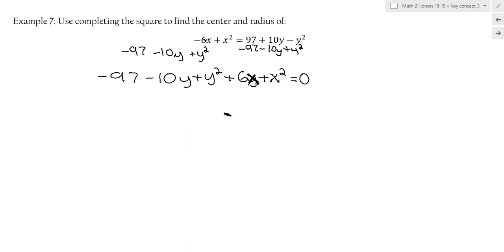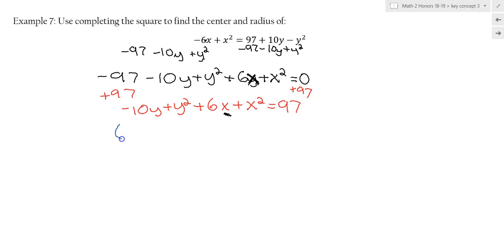Again, the first thing we have to do is move our constant, which is this 97. So now I have negative 10y plus y squared plus 6x plus x squared equals 97.